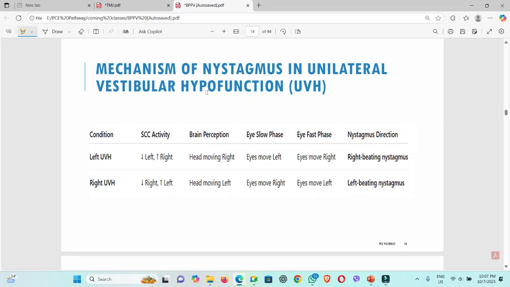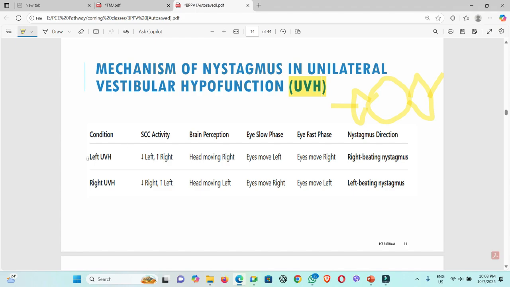Next, the mechanism of nystagmus in UVH, unilateral vestibular hypofunction. Name is clear? So we have a vestibular system on both sides. This is the head. Here is the vestibular system on this side, and the vestibular system on the other side. Now, nystagmus happens in unilateral vestibular hypofunction, either on this side or the other side.